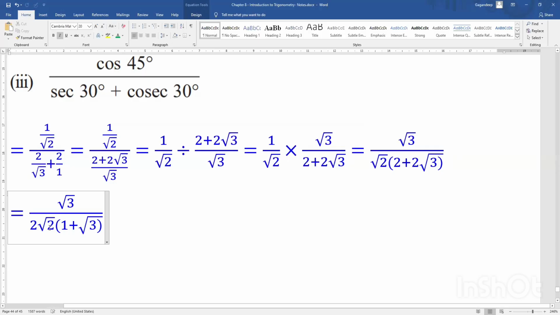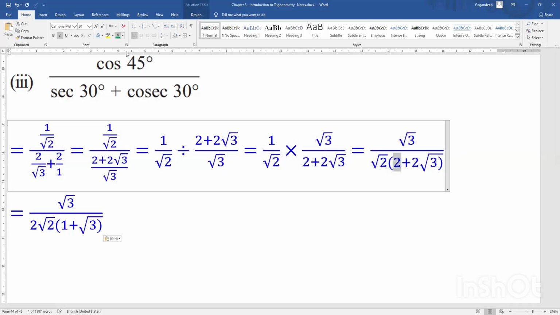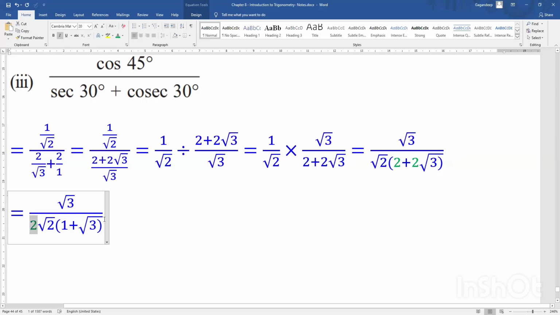But in the denominator, I'm going to take out 2 as common factor. See, I'm marking it here with green color. So that 2 is taken out as common factor. So 2 root 2 into 1 plus root 3. Now this further we can write it as, I just interchange root 3 and 1. So I can write it as root 3 by 2 root 2 into root 3 plus 1.